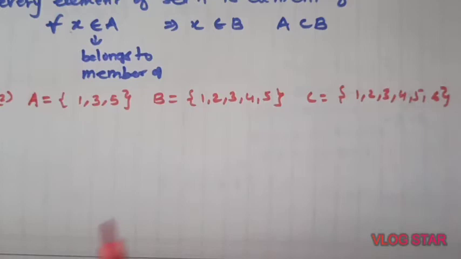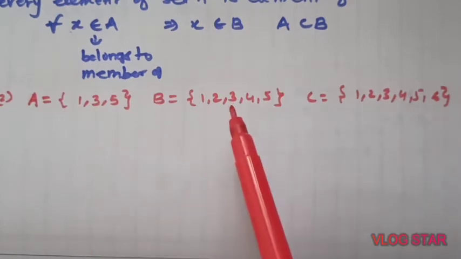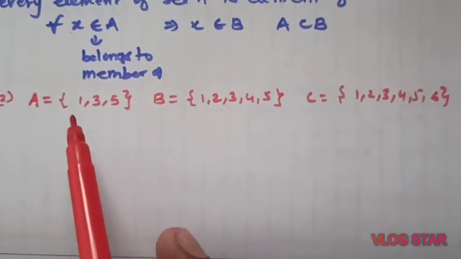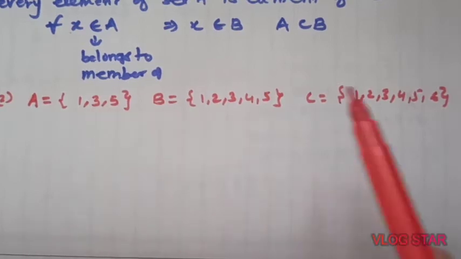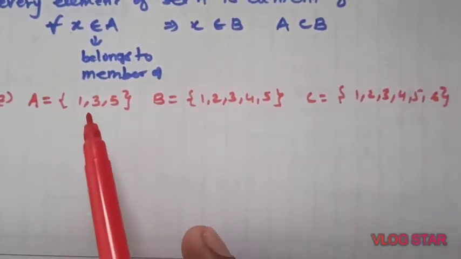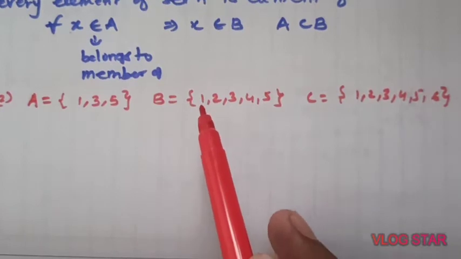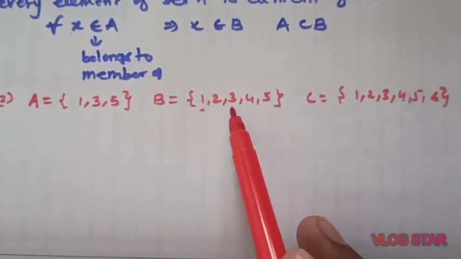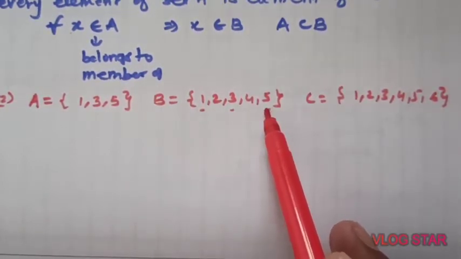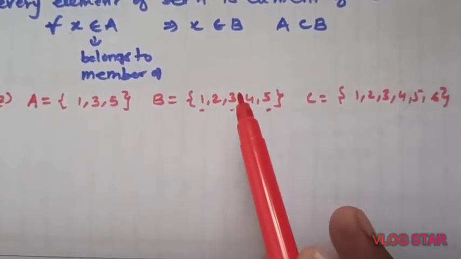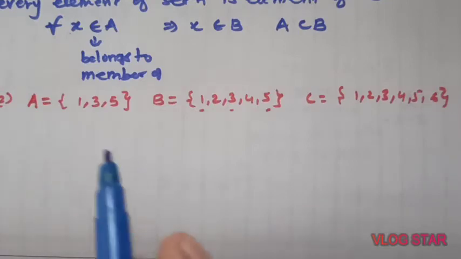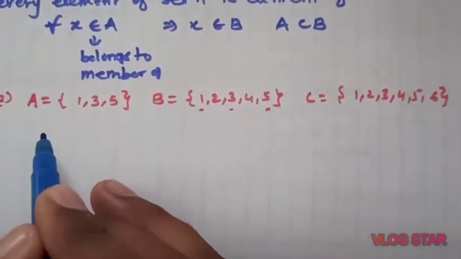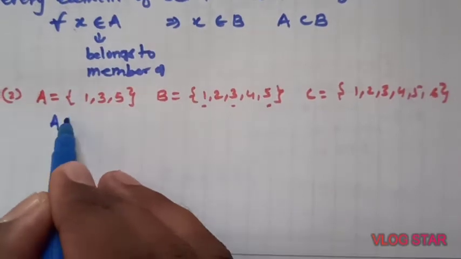If you observe all these 3 sets, we have to identify whether one of the sets is a subset of another. 1, 3, 5. Are these members members of B or C? All members. 1 is here, 3 is here, 5 is also here. So can I say A is a subset of B? Yes, definitely, because by the criteria every element of set A is a member of B. So I can say A is a subset of B.